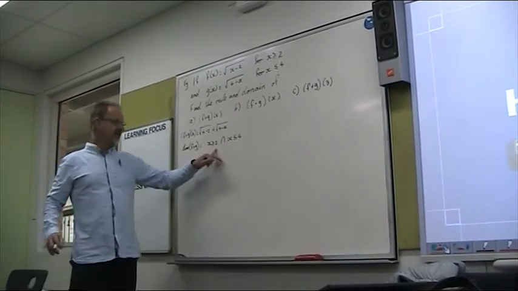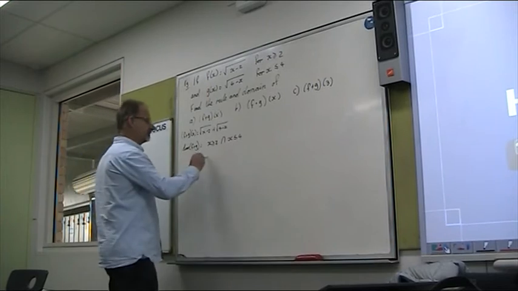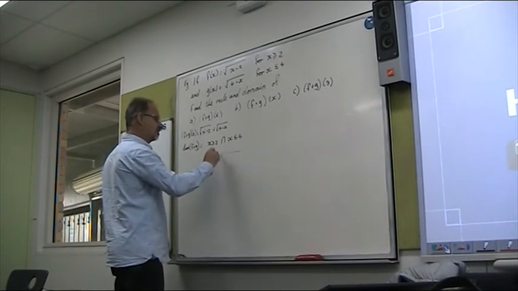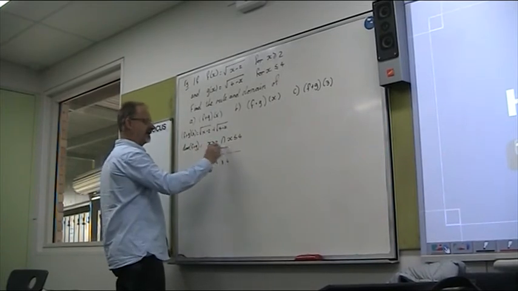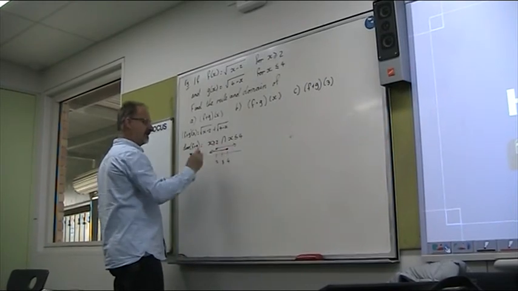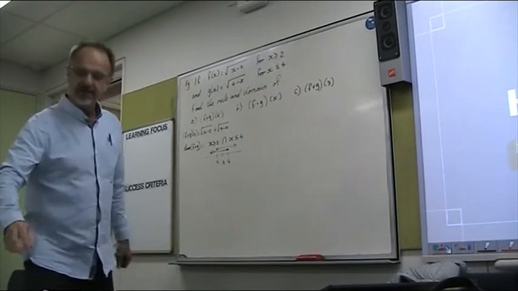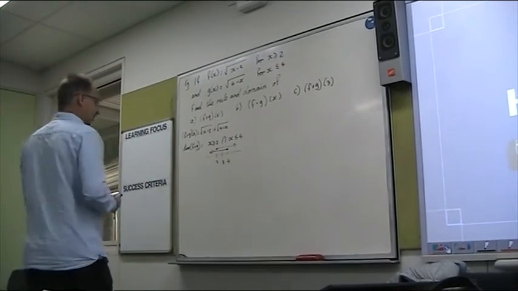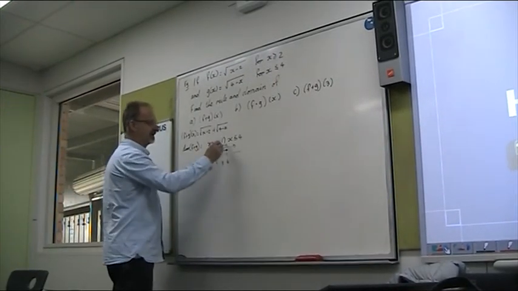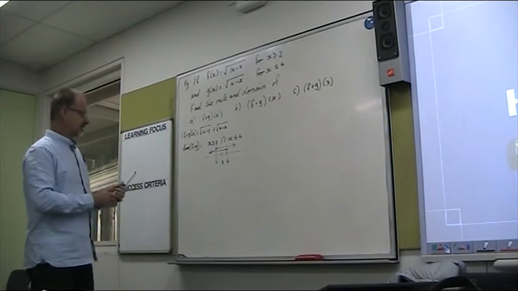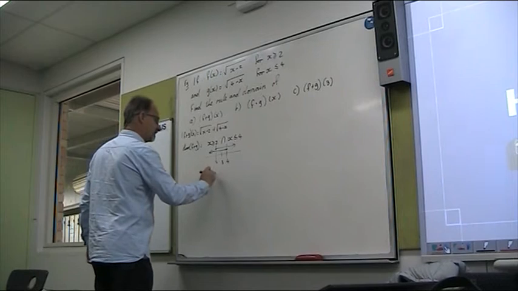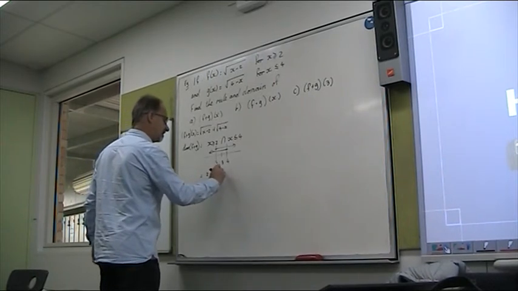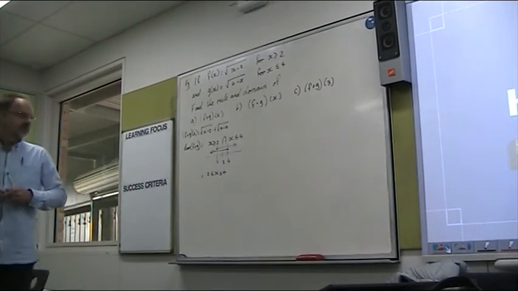If you're not sure, do a quick sketch: greater than or equal to 2 goes up, less than or equal to 4 goes down, and they intersect between here and here. So our domain is when x is between 2 and 4.